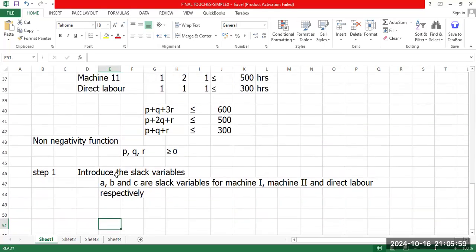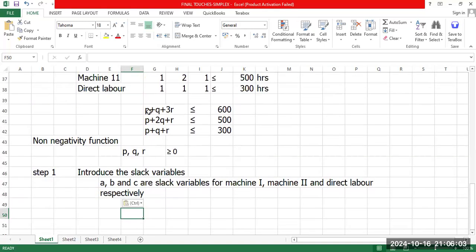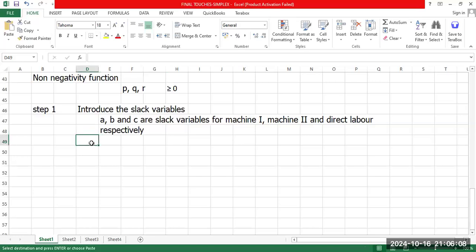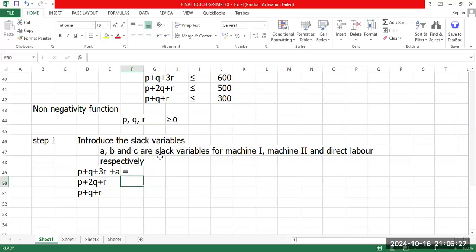So what does this one mean? I am going to write all this again here. I want to remove inequality. After writing that, I add the slack variable for machine 1, which is A. Once I add A, I put equal signs.